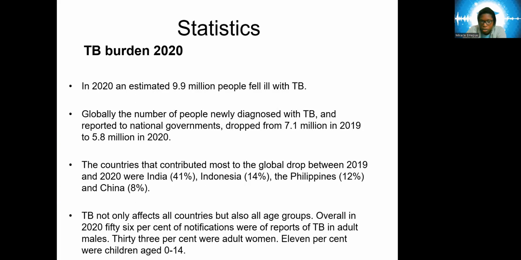Countries that contributed most to the global drop in 2019 and 2020 were India, 41%, Indonesia, 14%, Philippines with 12%, and China with 8%. Tuberculosis not only affects all countries, but also all age groups. Overall, in 2020, 56% of notifications were of tuberculosis in adult males. 33% were adult women. 11% were children aged 0 to 14 years.